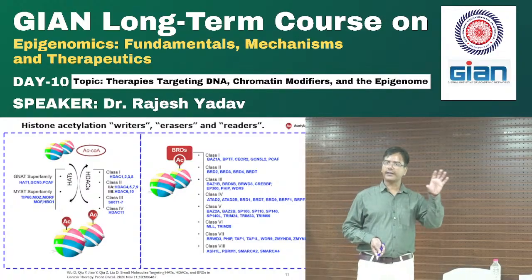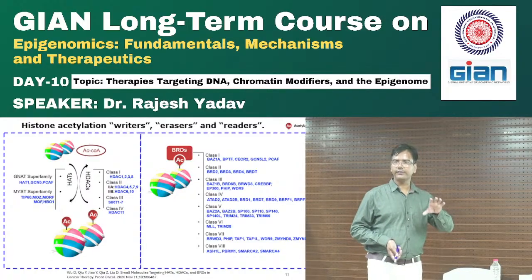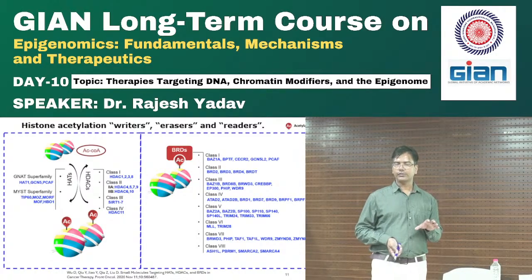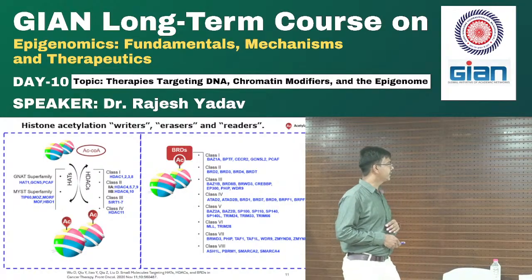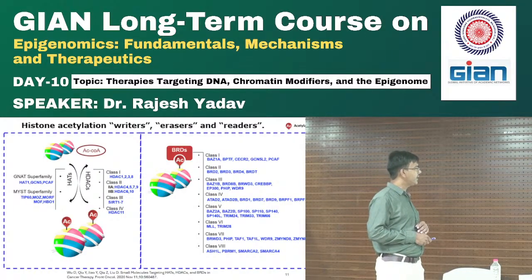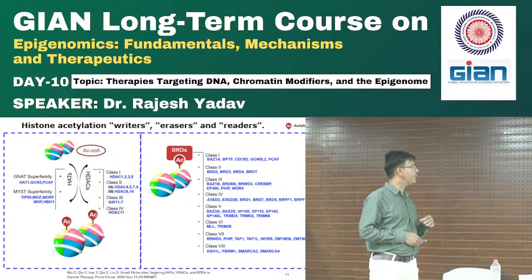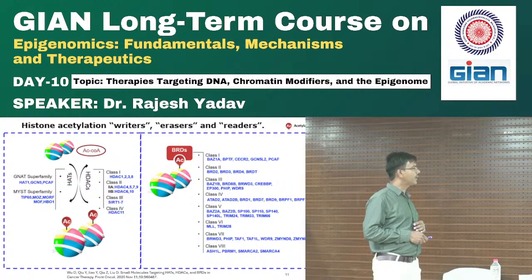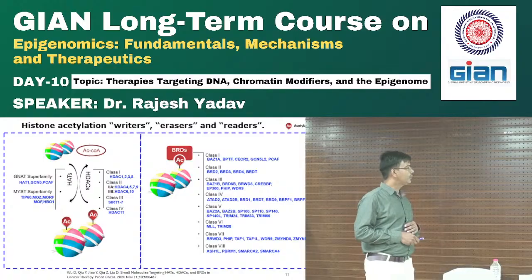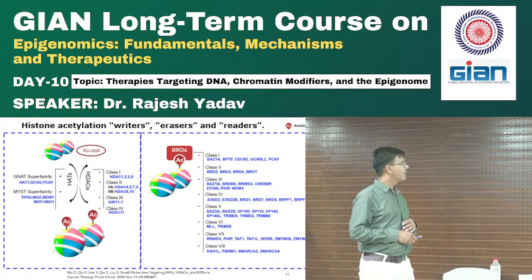So you can target from different ways. Your target could be any of these things: you can target HAT, you can target HDAC, you can target the reader. This is the simplest experiment. You can do the enzymology, you can do the biochemistry, and then you can come up with chromatin inhibitors.